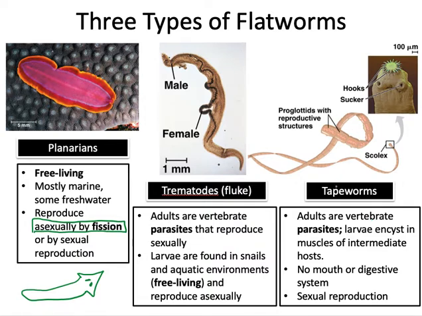Our tapeworms are going to be different than our free-living flatworms in terms of their body structure and reproduction. I will get into that a little more in the next slide. They don't have a digestive system because they suck the nutrients from our digestive system. And they do reproduce sexually and are hermaphroditic.